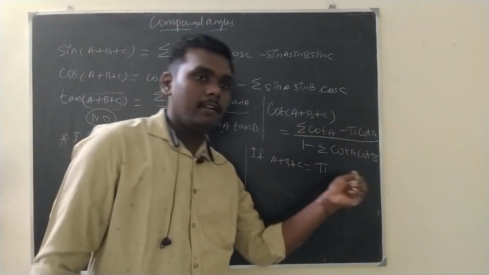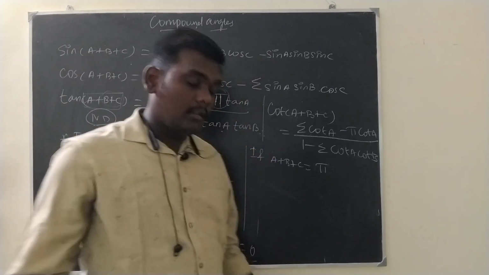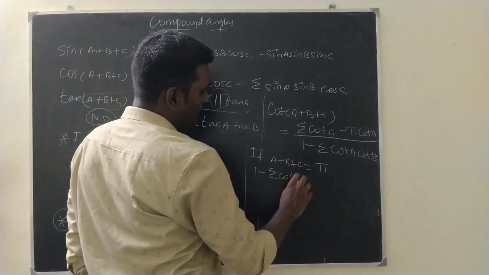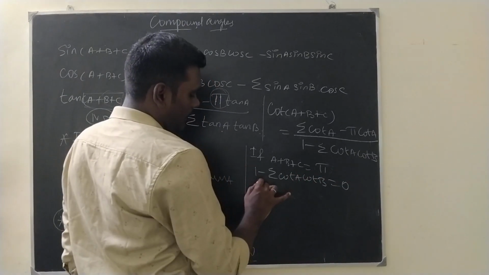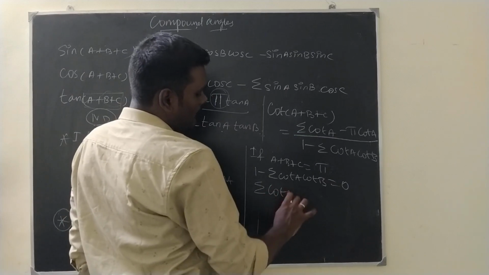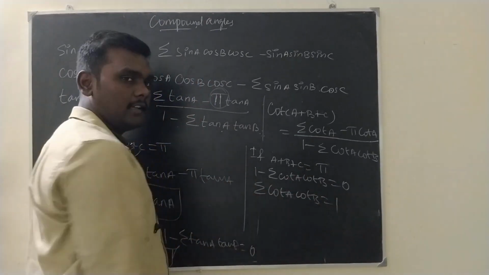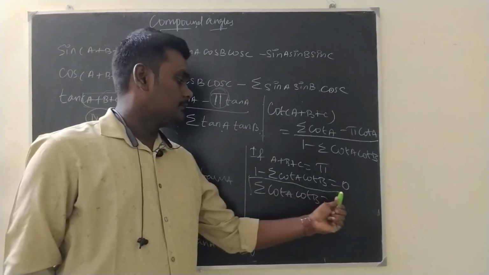When will it go undefined? Denominator is 0, which means this 1 minus sigma over cot A cot B is 0. Then this sigma over cot A cot B value is 1. This goes to the other side and we equate. Okay. This is the result.